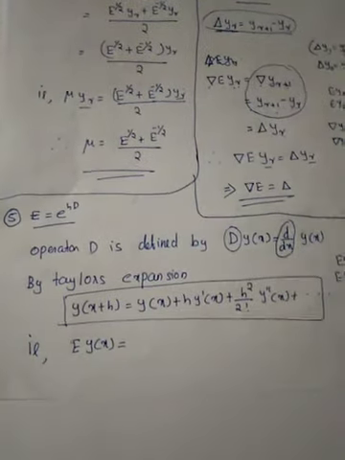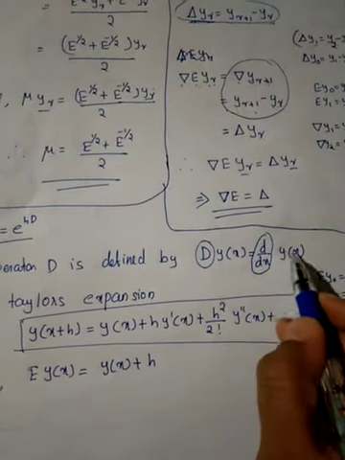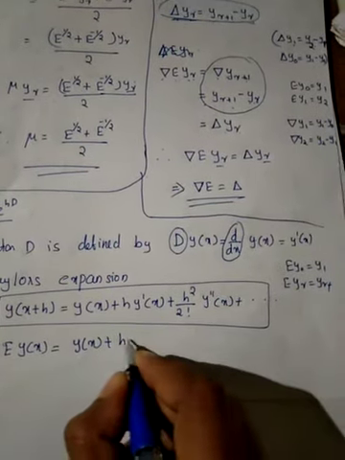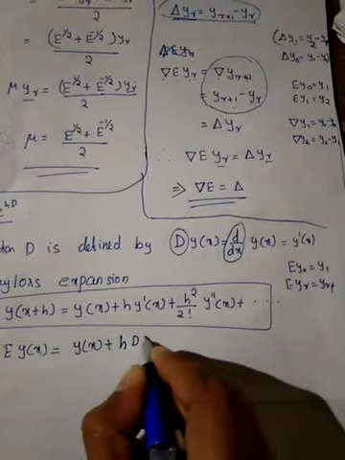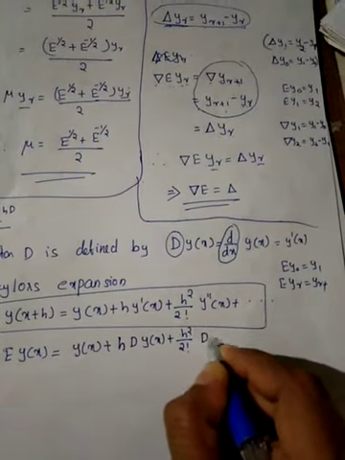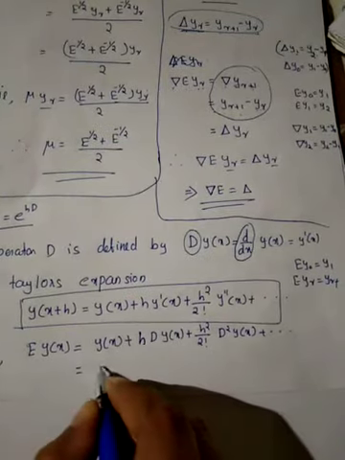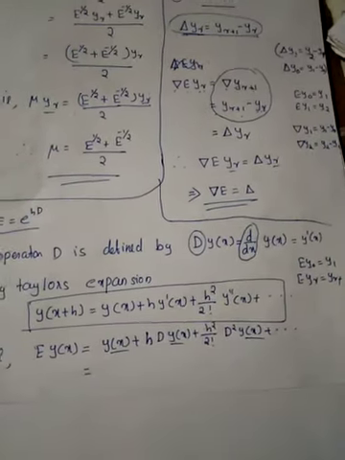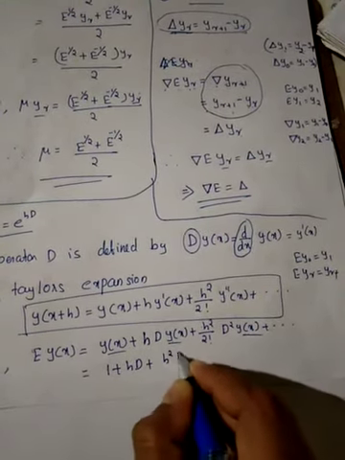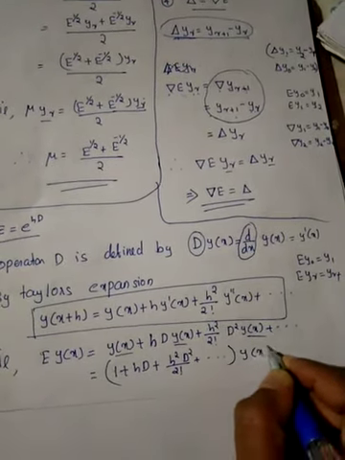This equation is rewritten as y(x) plus h y'(x), where y' is d/dx of y(x), so h Dy(x) plus h squared by 2 factorial D squared y(x) plus etc. So y(x) is common in all terms: (1 plus hD plus h squared D squared by 2 factorial plus etc.) into y(x).